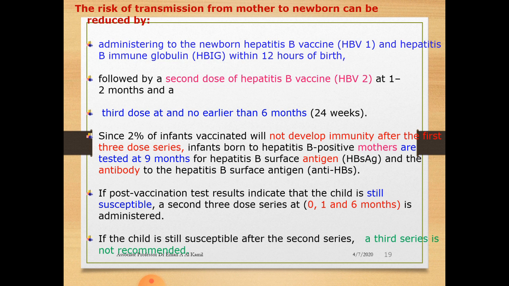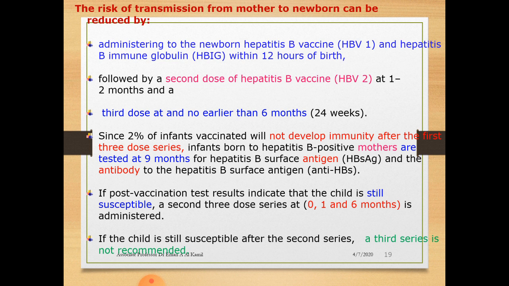So, the first thing, if the mother is a carrier or infected with hepatitis B, we can give the baby or the newborn the first dose of hepatitis B vaccine, accompanied with hepatitis B immunoglobulin within the first 12 hours of birth.